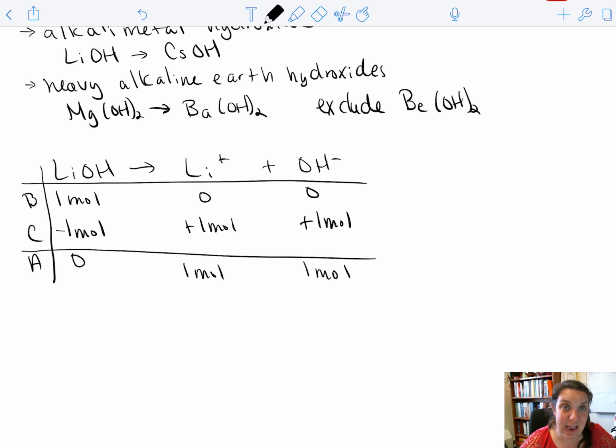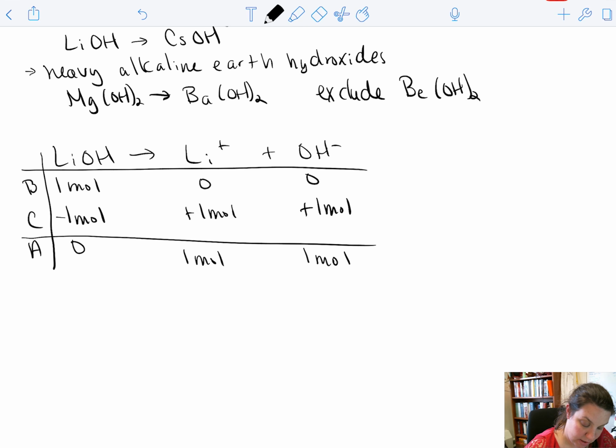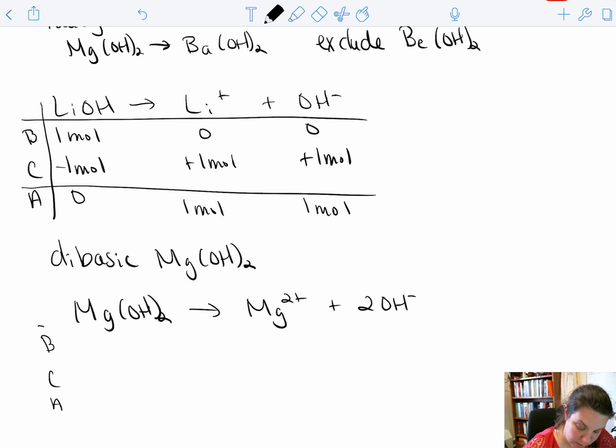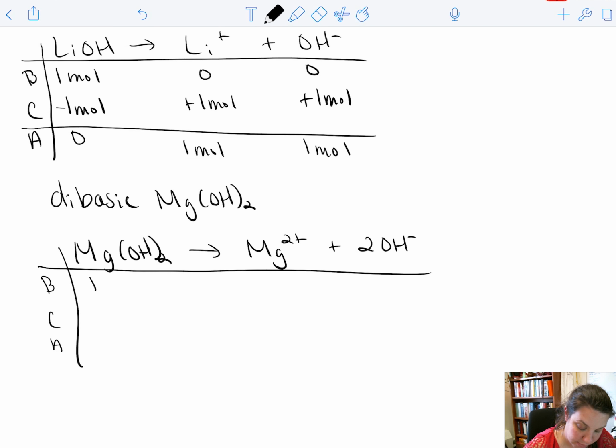If we have a di-basic strong base, such as magnesium hydroxide, so we call this di-basic, so if we throw that into a BCA table, break this down, Mg2+ plus 2OH minus, start out with 1 mole here, minus 1 mole, plus 1 mole, and then plus 2 moles here.